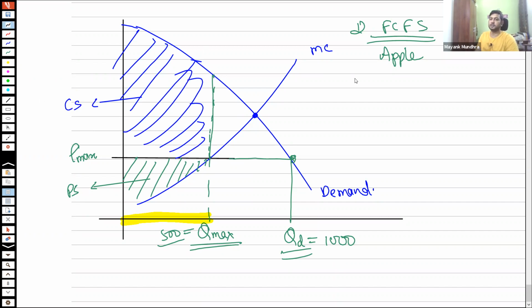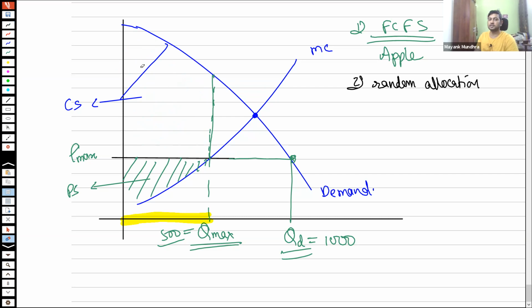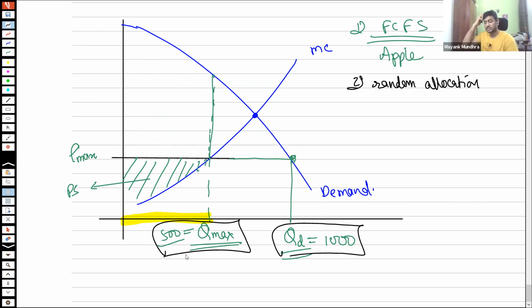Another strategy which can be used is random allocation. What happens in random allocation is 1,000 people are demanding this product. Only 500 people can get this product. This is a strategy which is used by firms like Xiaomi. Xiaomi uses flash sales.